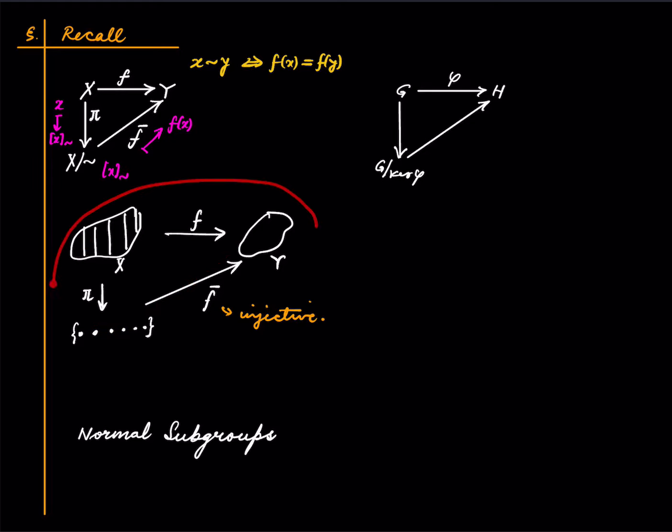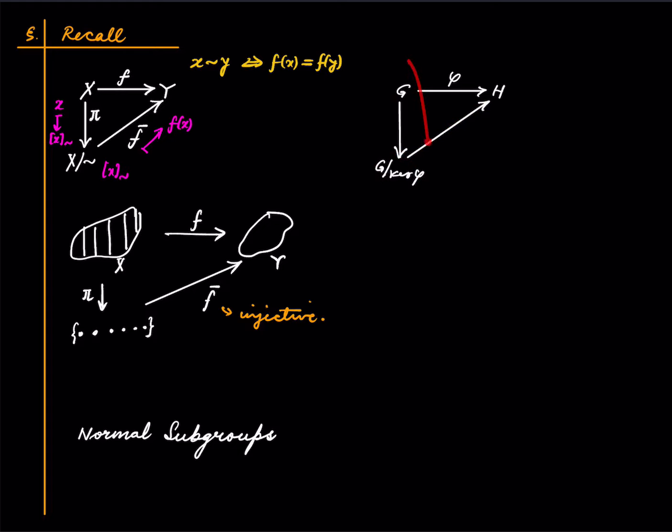So we just exported this to the setting of groups. Instead of an arbitrary map, we have a group homomorphism between two groups, and we saw that the set of all the fibers is precisely G mod kernel phi. One can check that. And we saw that we can endow this with a natural group structure in the sense that this becomes a group homomorphism and that becomes a group homomorphism.